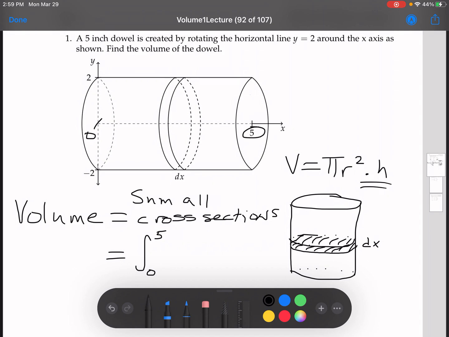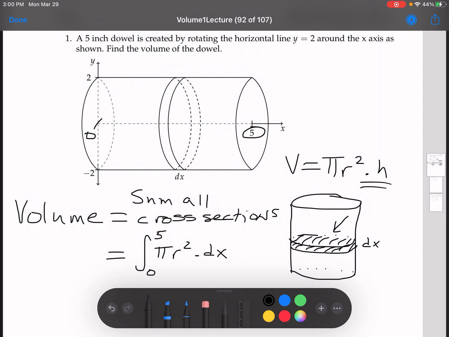These cross sections have area, which is the top of the cross section, times the width, which will be dx, a microscopically small width. So we have pi r squared times our width dx.